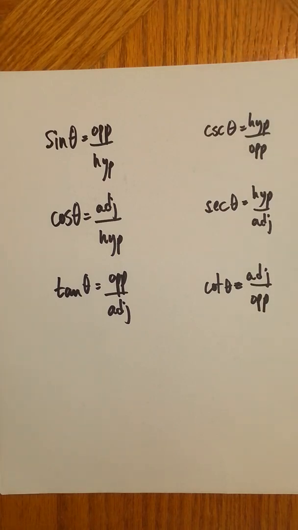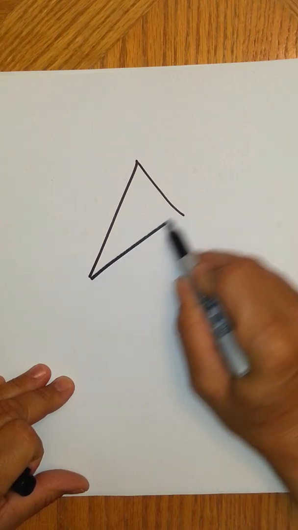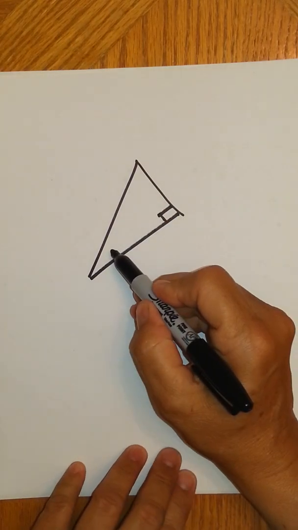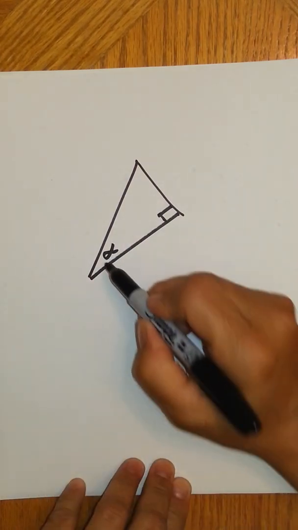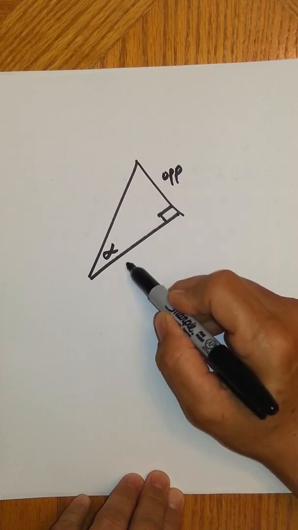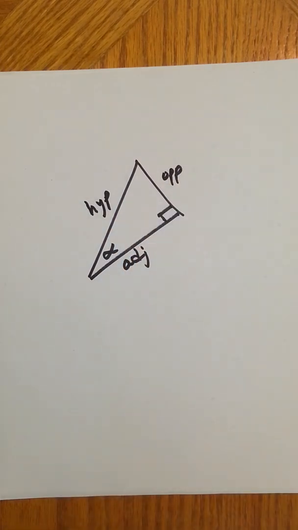Now, these are what I call freeform. What do I mean by freeform? Well, you could have a triangle in any orientation. It could have been something like this, right? And then you might have been looking with respect to this angle. In which case, with respect to this angle, this is the opposite, this is the adjacent, and always across from the right angle is the hypotenuse.